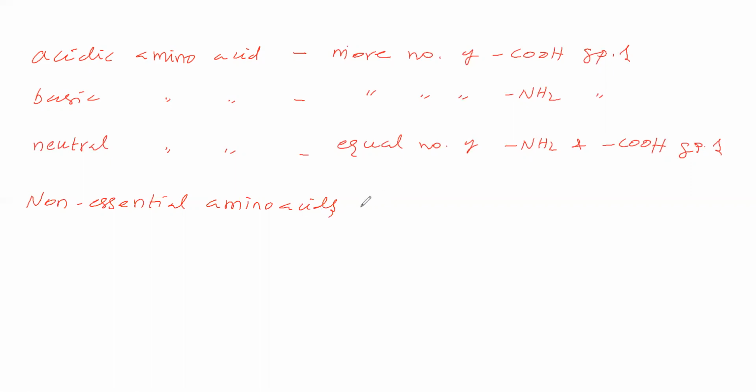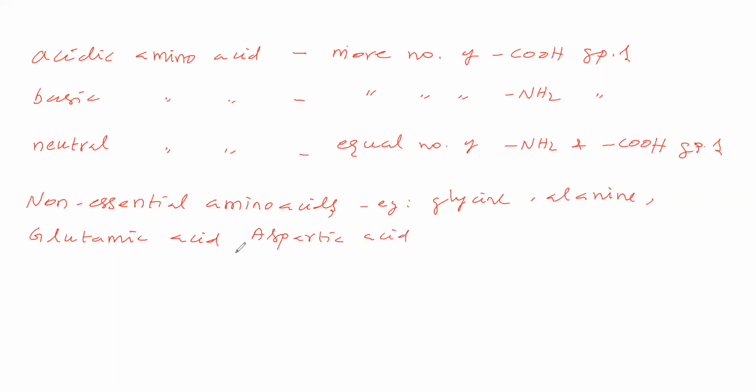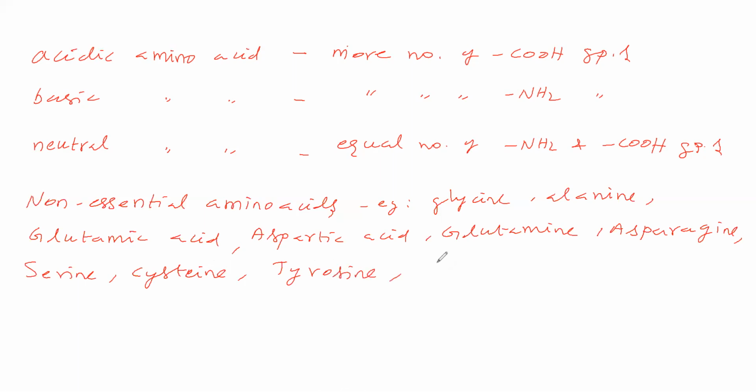Examples are glycine, alanine, glutamic acid, aspartic acid, glutamine, asparagine, serine, cysteine, tyrosine, then proline.